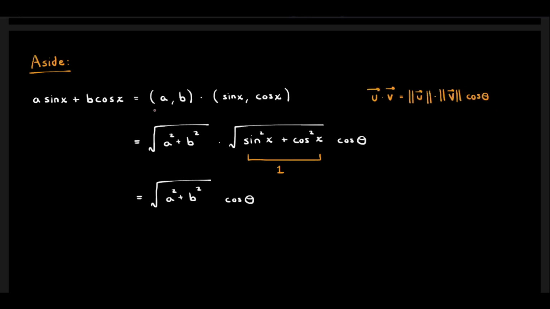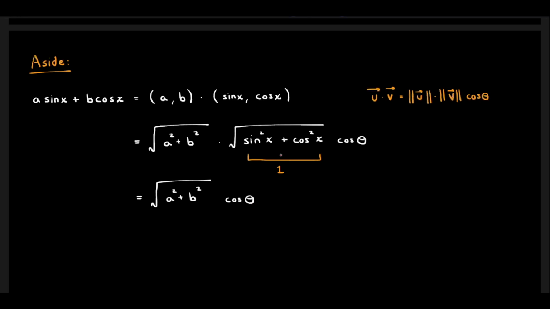So the magnitude of this vector is the square root of a squared plus b squared. The magnitude of this vector, well, this is a vector that lives on the unit circle, so its magnitude is just going to be 1. You can see that just by doing the Pythagorean theorem: the square root of sine squared plus cosine squared, the inside is just 1, the square root of 1 is just 1, and we get cosine theta.